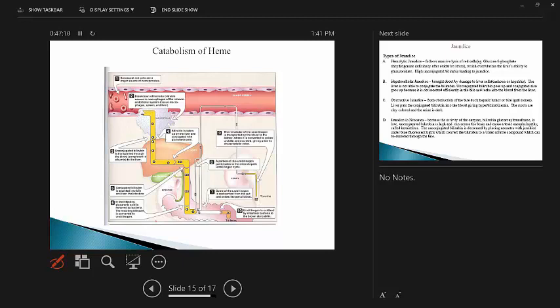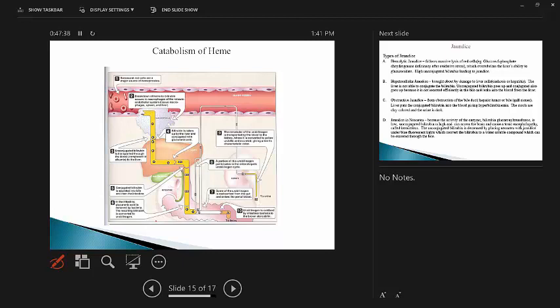So this is the duodenum and then the ileum and all of that, and this is the glucuronidated bile, okay? Some of what occurs in here is absorbed from the gut and enters the portal system, okay, which is right here.